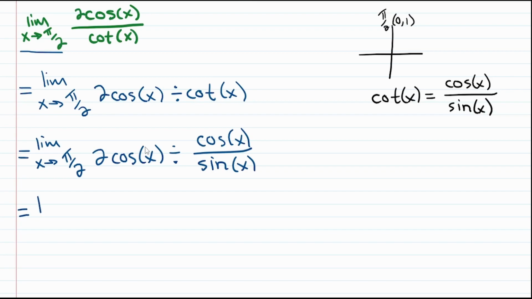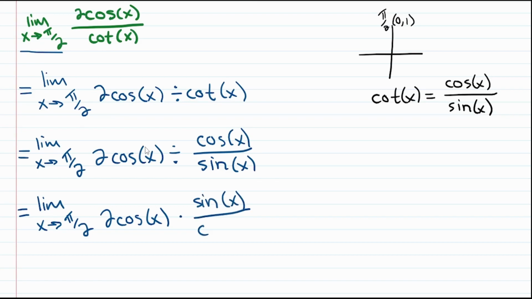So let's rewrite this as the limit as x approaches pi over 2 of 2 cosine x times sine x over cosine x. Now, a cosine here and a cosine in the denominator, so we can cancel out those factors.